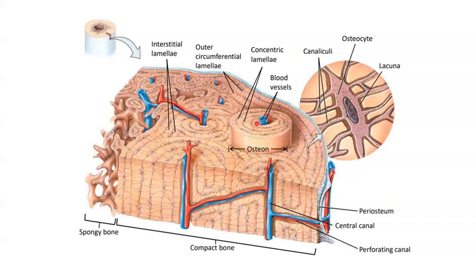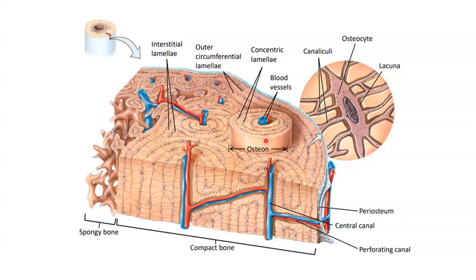So see how there's a ring of bone here, then a ring of bone around that, and then a ring of bone around that. Each of these rings is concentric lamellae, so just circular lamellae, so circular bone tissue. All of these together makes what we call an osteon. And so we say compact bone is made up of lots and lots of osteons.